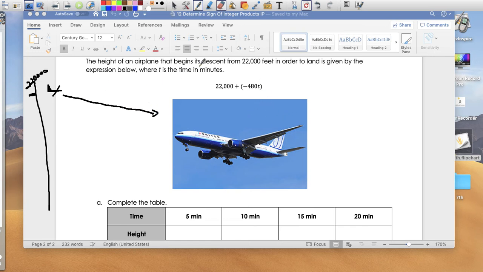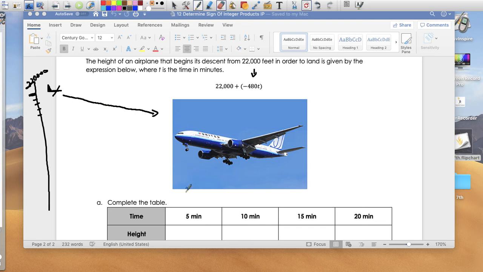So every minute that passes, it goes down 480 feet. I know that because that's where I get my number from. All right, so I want to know where the airplane is after 5 minutes, after 10 minutes, after 15 minutes, and 20 minutes. So obviously, it's going to be going lower and lower.